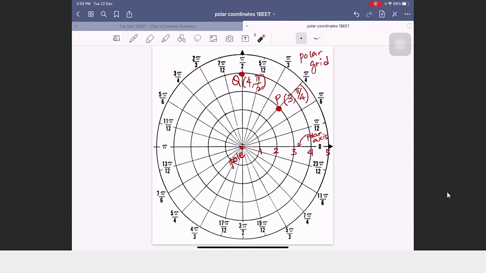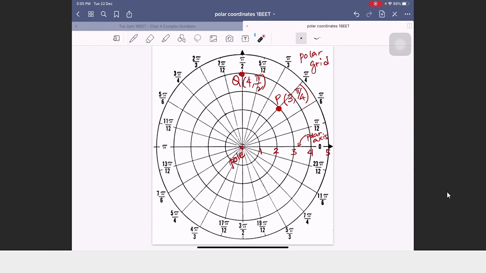How do you find them? If you go another round of a circle, remember, for angle you can go more than 1 revolution. You can go 2 revolutions, 3 revolutions, and so on. So you can come to the same location here.